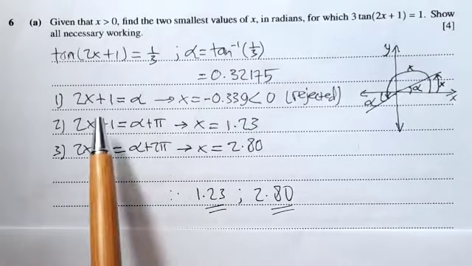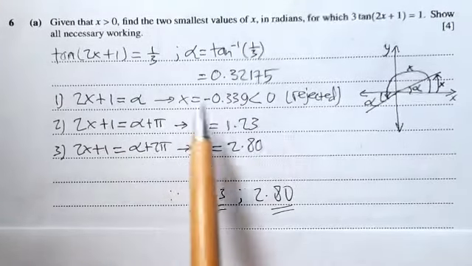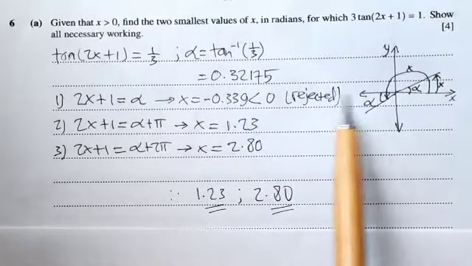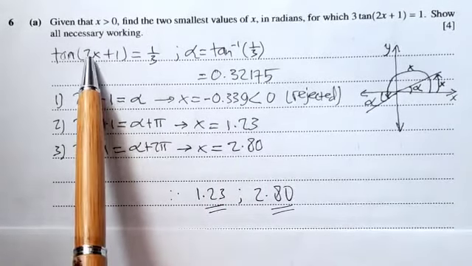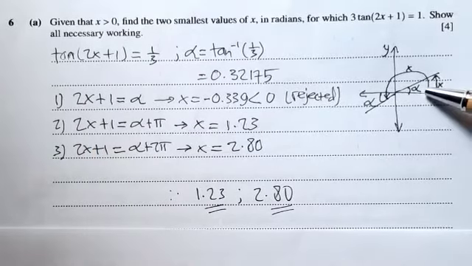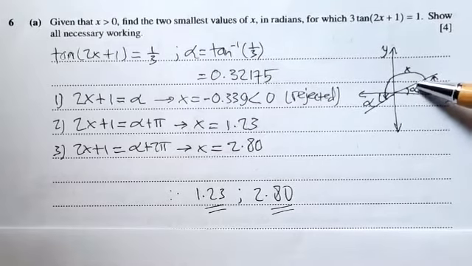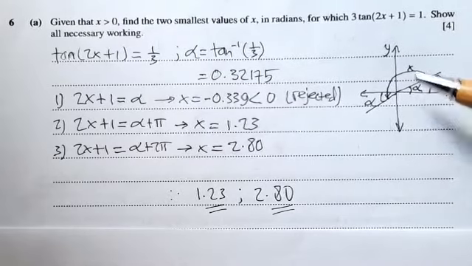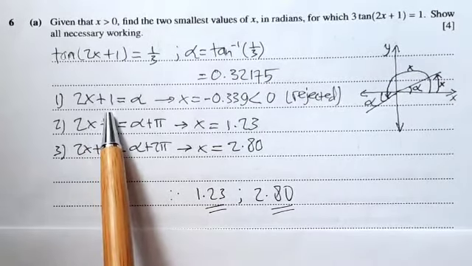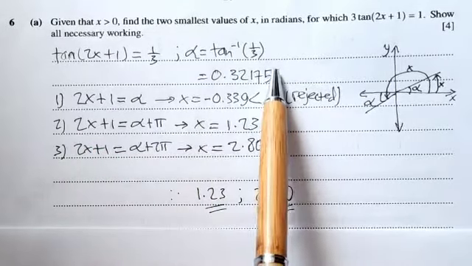Now the first solution for this equation: 2x + 1 equals this basic angle, thus 2x + 1 = alpha, and alpha is 0.32175.